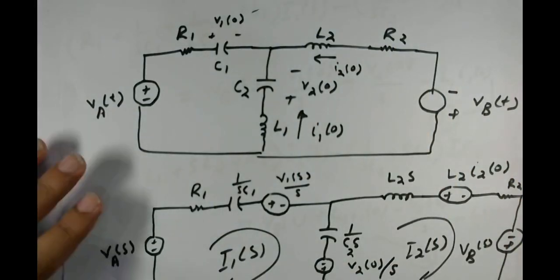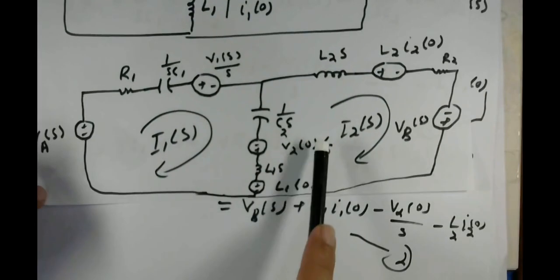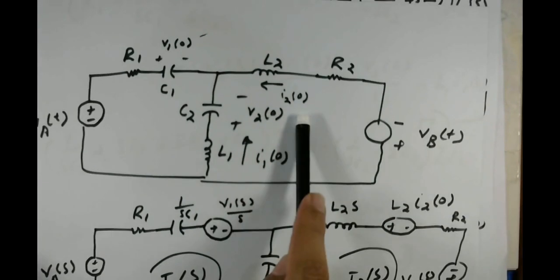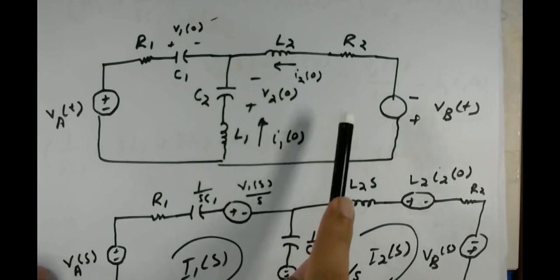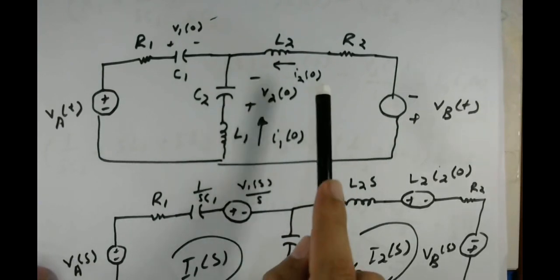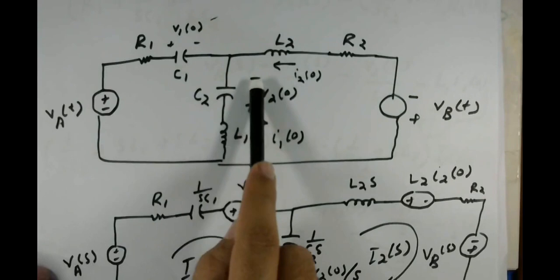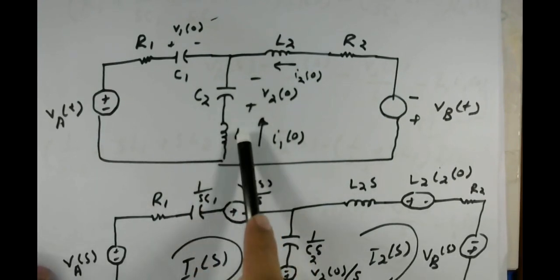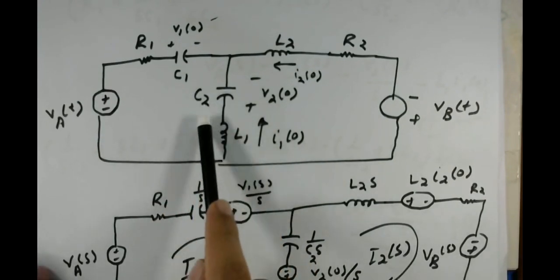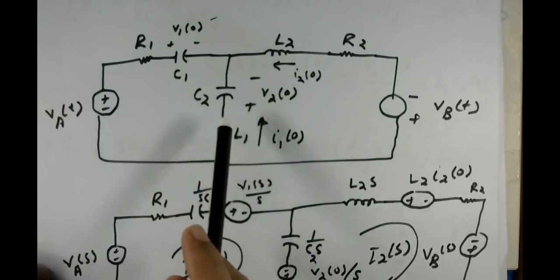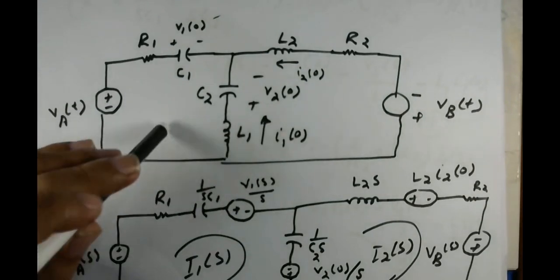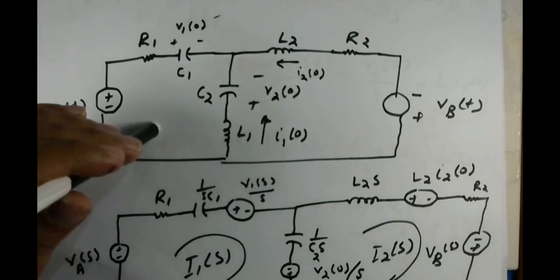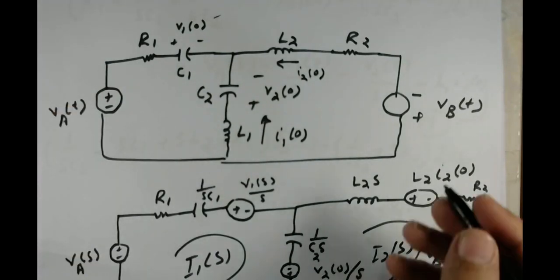So see how this helps us transform this equation. If you find the time domain equation for this one, this will be a headache for you because it involves capacitors and inductors. You will get a second order differential equation. For a first order differential equation, you need to find the complementary solution, then the particular solution. When you get a second order equation, it's going to be complex for you.